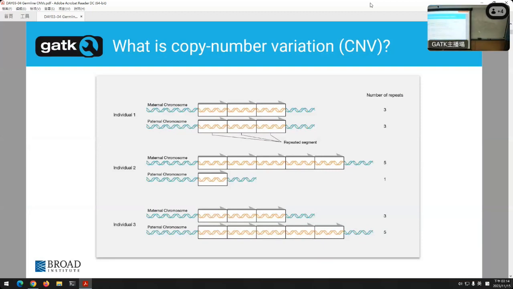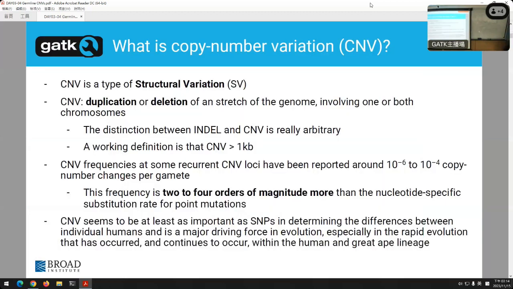Okay, so a little bit of review. What is copy number variation? In this figure, we can see that the segment that's in brown appears a different number of times in different people. That's an example of copy number variation.